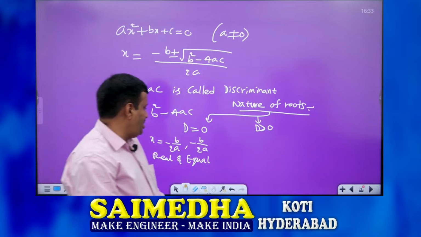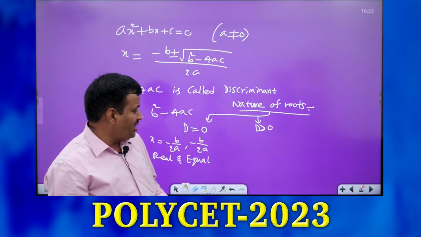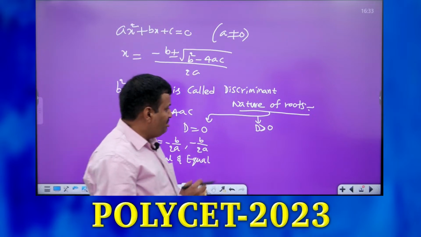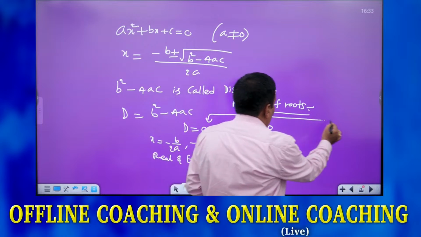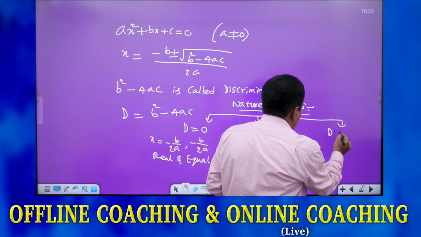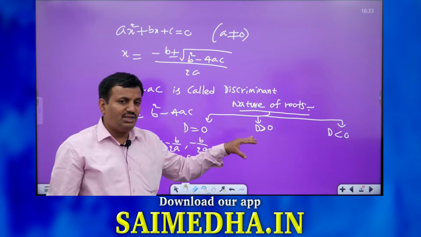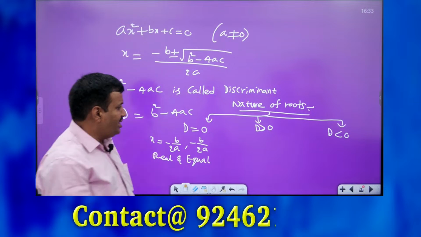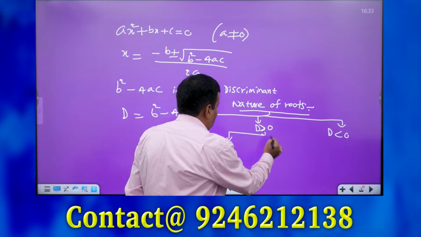The roots are real and distinct here, but within distinct, again two types are there. If the D value is less than 0, so three cases we have: discriminant equal to 0, discriminant greater than 0, discriminant less than 0. If the discriminant is greater than 0, what are the natures of the roots?